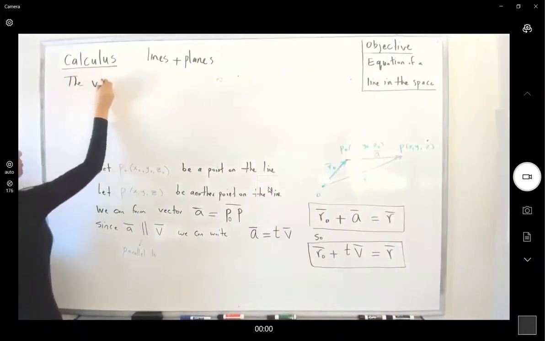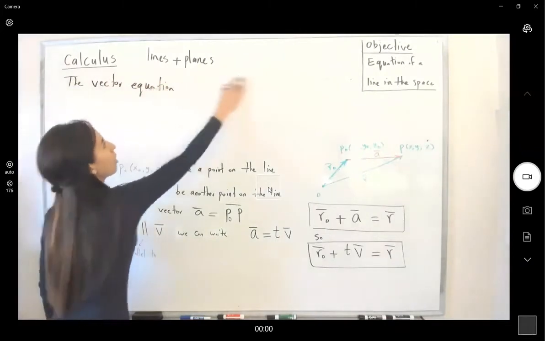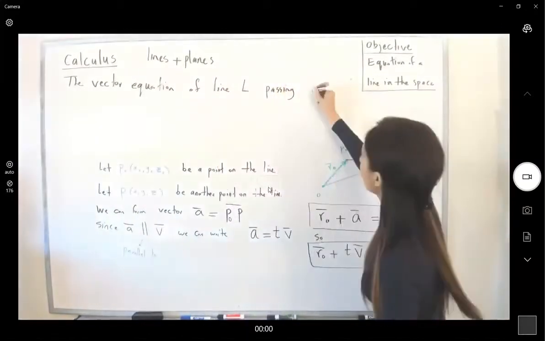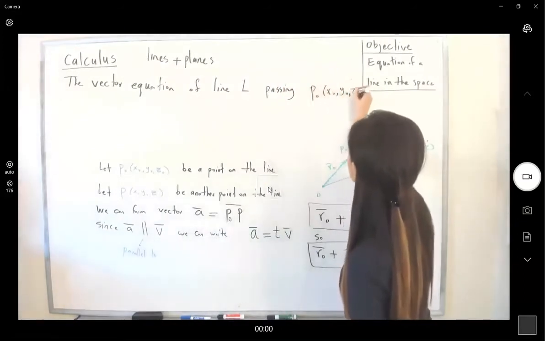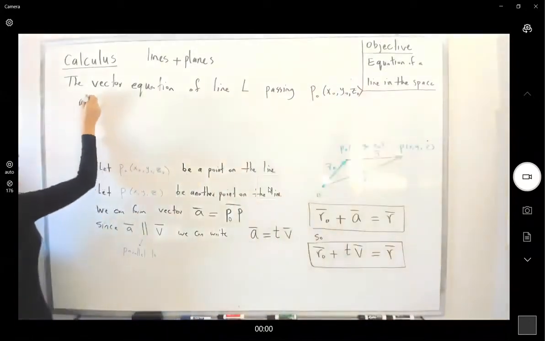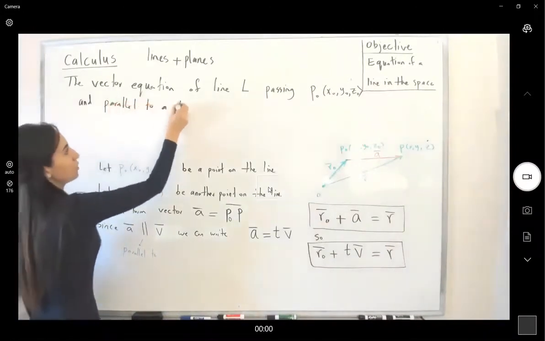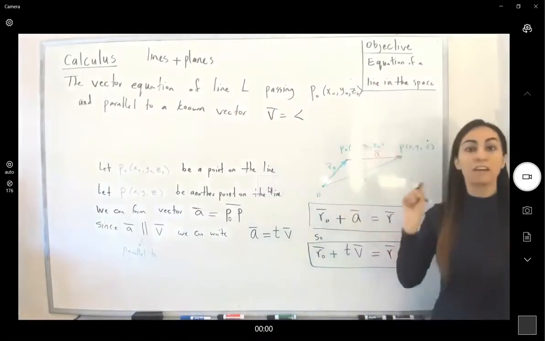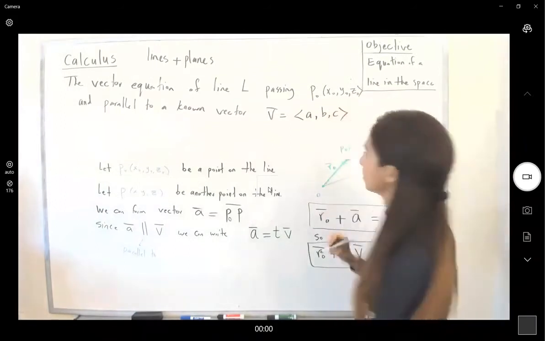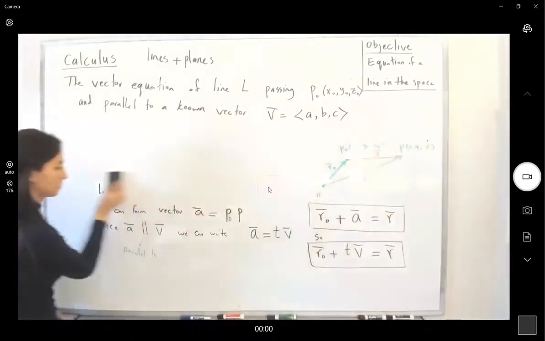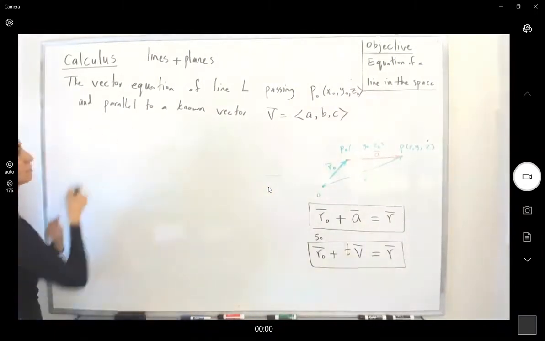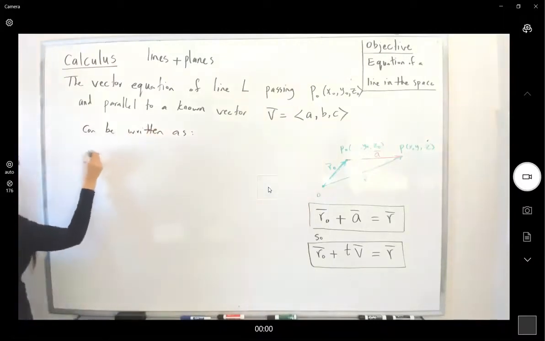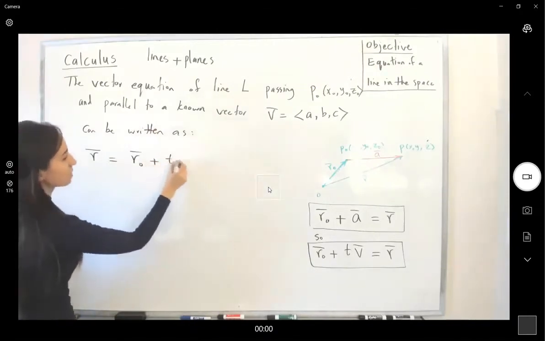So the vector equation of line L passing through the point P sub 0, x sub 0, y sub 0, z sub 0, and parallel to a known vector like V, with components A, comma B, comma C, can be written as R equals R sub 0 plus TV.